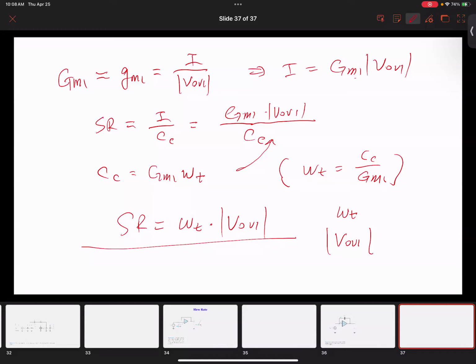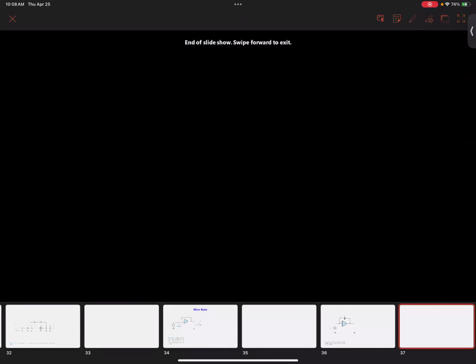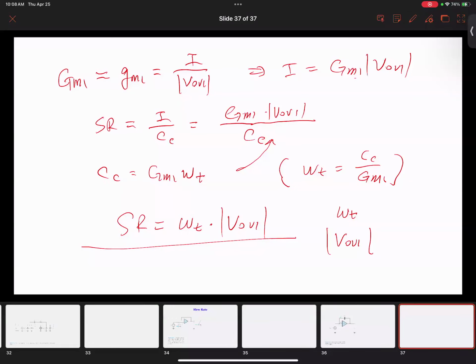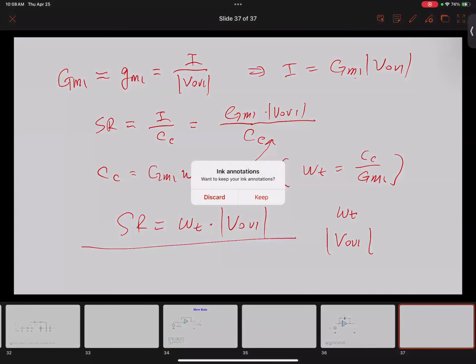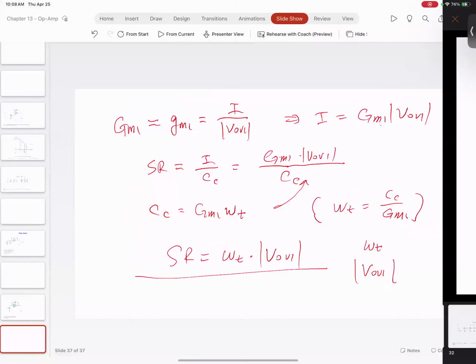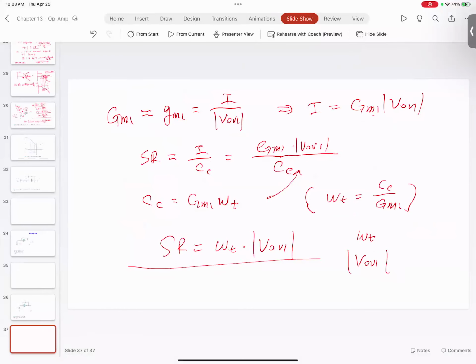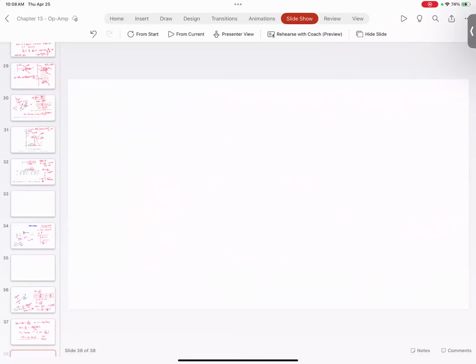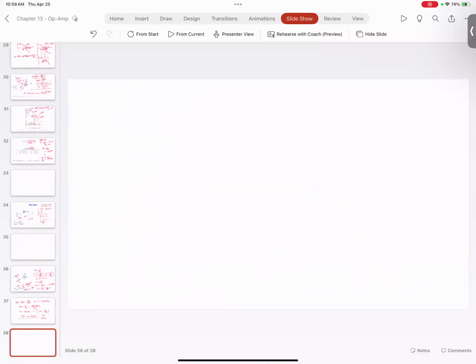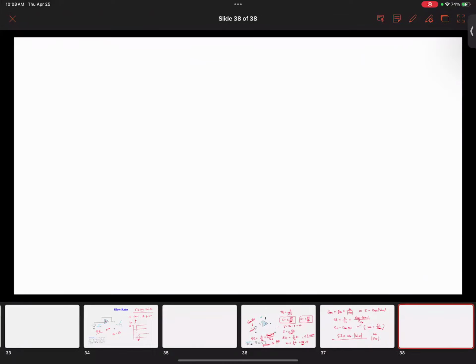So by this time, I think we pretty much finished the lecture, and I want to maybe add here. What I want to do is to really just look at what we have done for the two-stage amplifier.